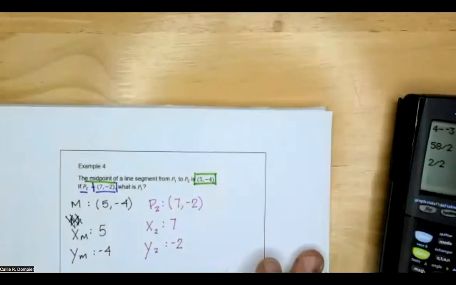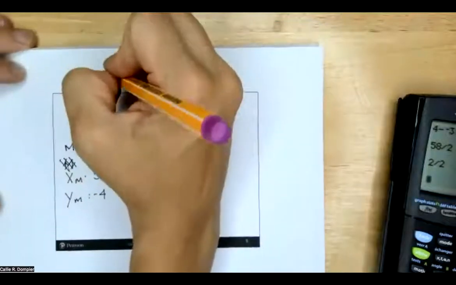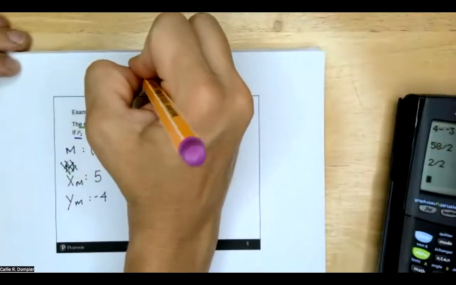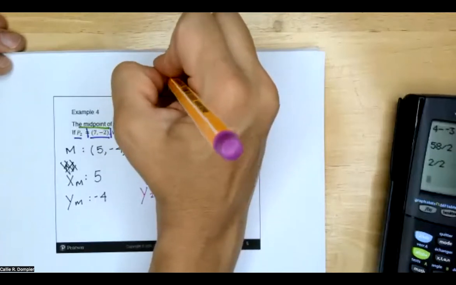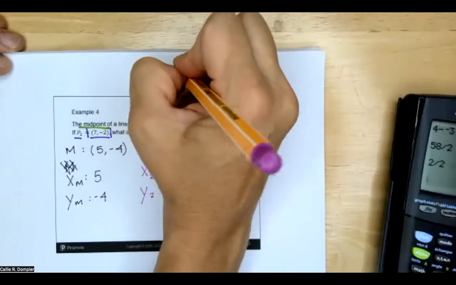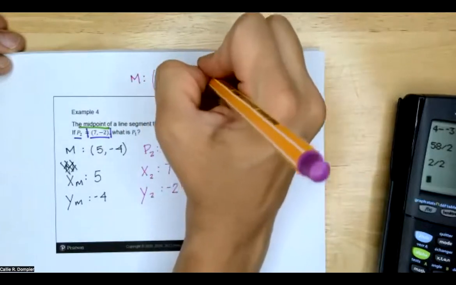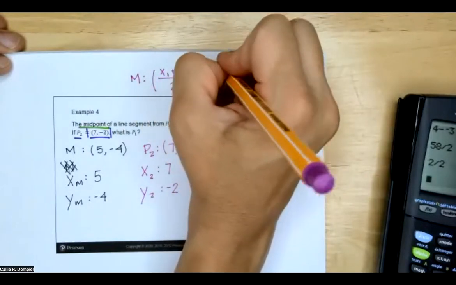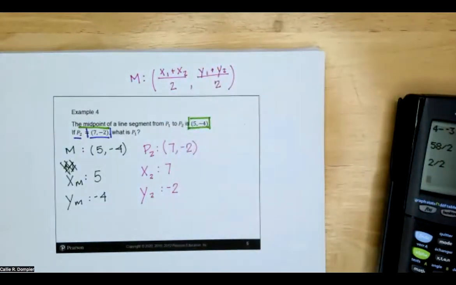And I know the midpoint formula: combine your x's, divide them by 2. Combine your y's, divide them by 2. All right.